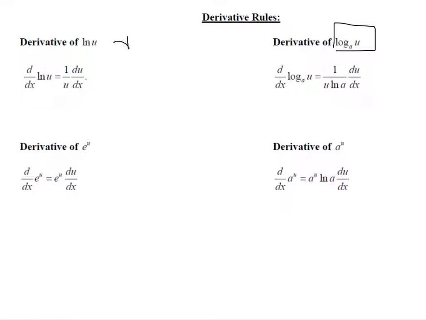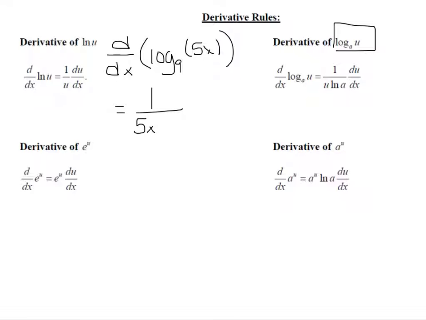If I ask you to find the derivative of log base 9 of 5x, this rule says the derivative of log base a of u is 1 over u times the natural log of the base, times du dx.